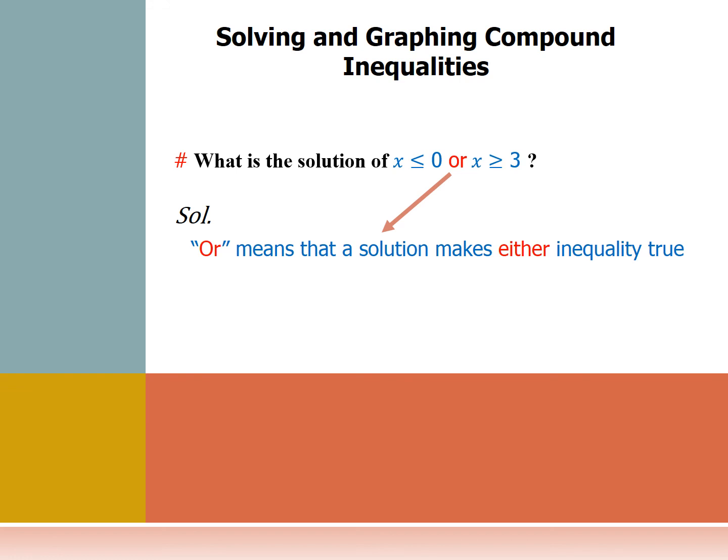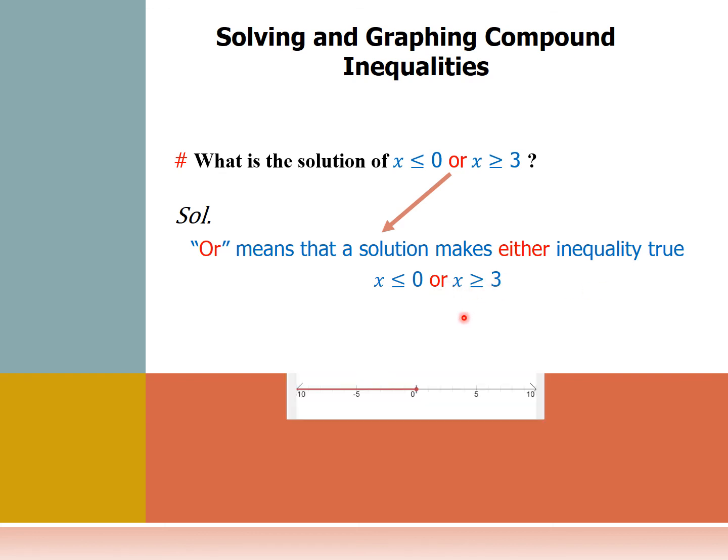So one of them is true, x less than or equal to 0, or x greater than or equal to 3. There is no need to find the common area between them, because one of them is true, not both, like with the word and. So this is the solution.